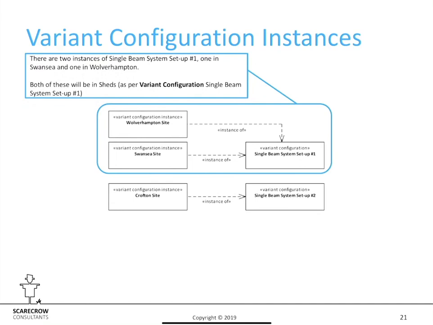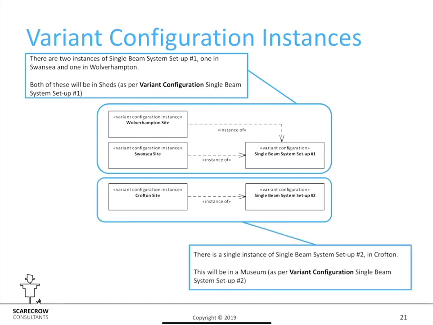We've got one in Swansea where John's based, and one in Wolverhampton. We haven't really, but, you know, conceptually. And we've got one instance of the single beam setup number 2, which is at Crofton, and that is an actual one that exists. So it's possible to actually create these instances.